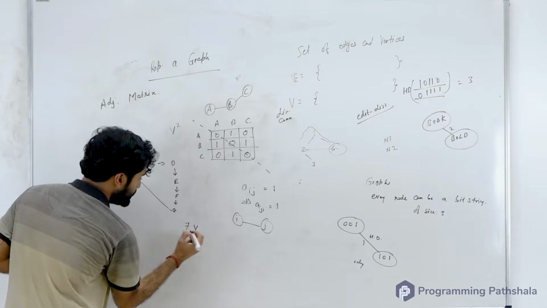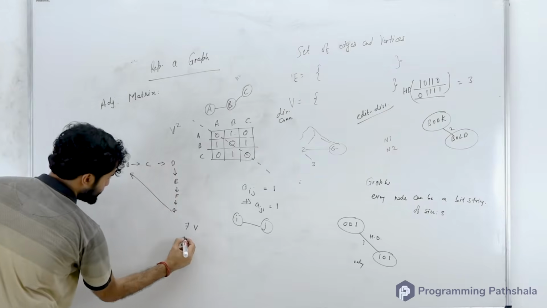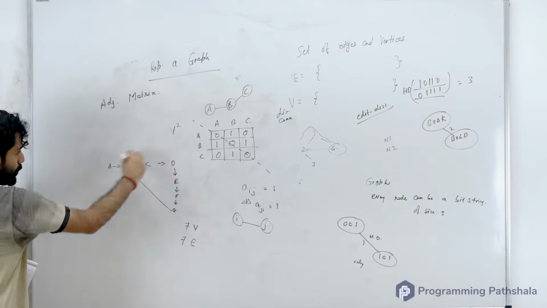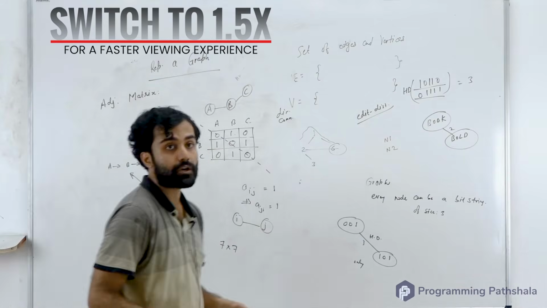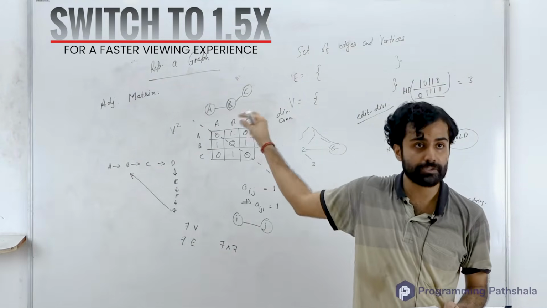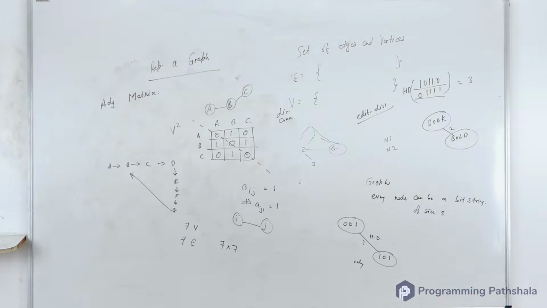And how many edges? 7 edges, okay? To denote this graph, you would create a 7 cross 7 matrix. In that matrix, you will see that the majority of the cells will have the value 0. And why is that?